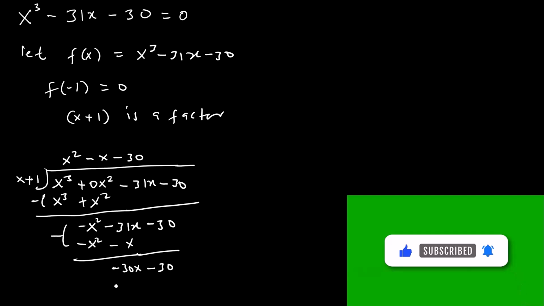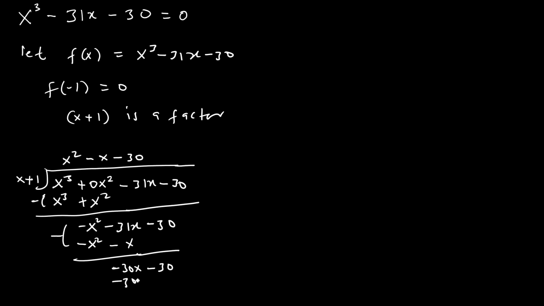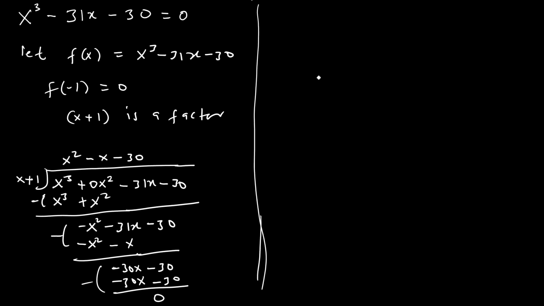Minus 30 times x is minus 30x, minus 30 times 1 is minus 30. So this minus that is 0, and we have 0 here. So we have x squared minus x minus 30 as the other factor.